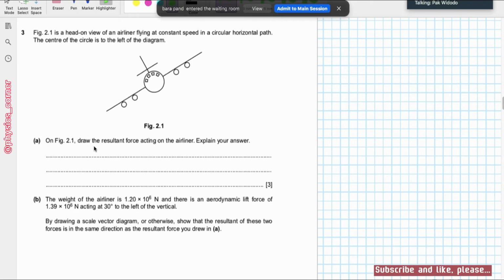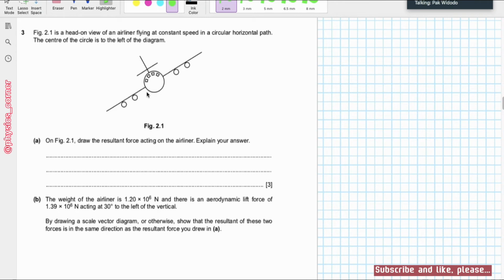Draw the resultant force acting on the airliner. Explain your answer.